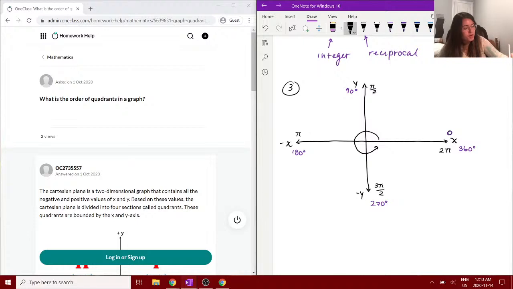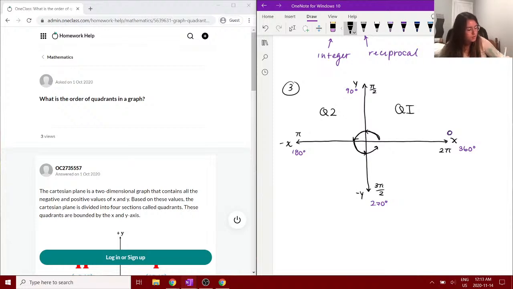So that's how we label the quadrants. Then we label them starting in this first quadrant, right? You go through the first quadrant. So this is Q1. We usually use Roman numerals. Then we have the second quadrant. So this is Q2.